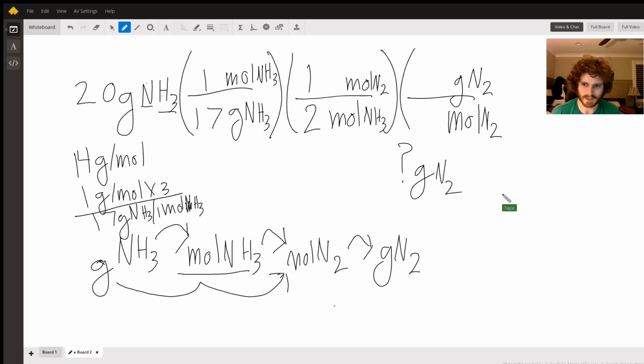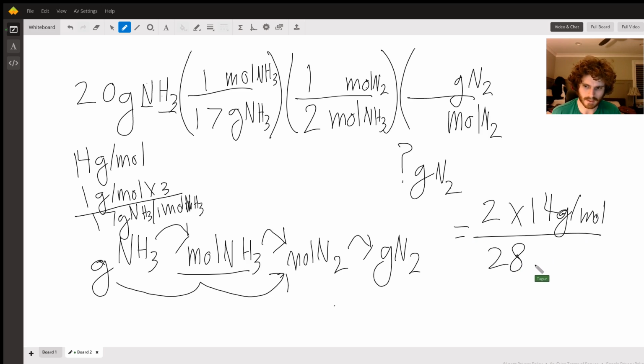So for N2, that's just 2 nitrogen atoms. So 2 times 14 grams per mole, which gives you 28 grams per 1 mole. So for every 1 mole of N2, you have 28 grams of N2.